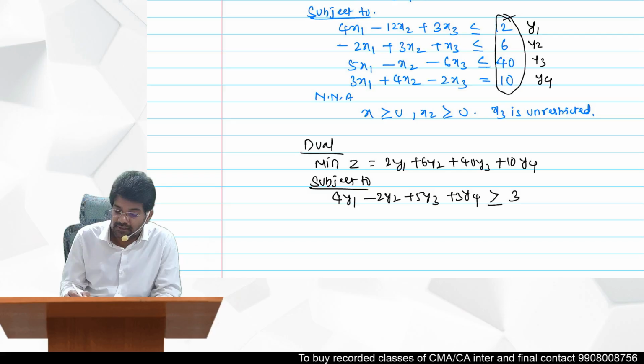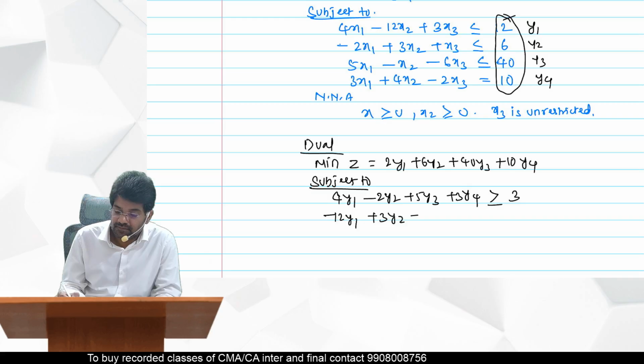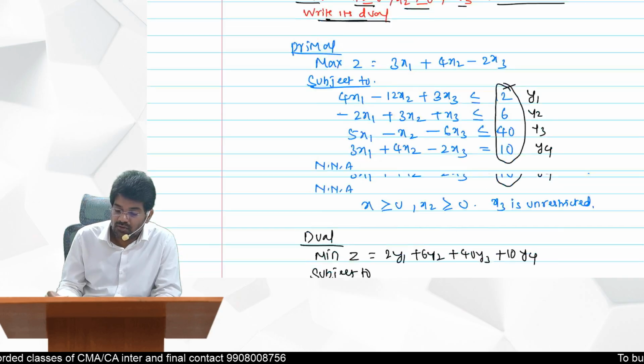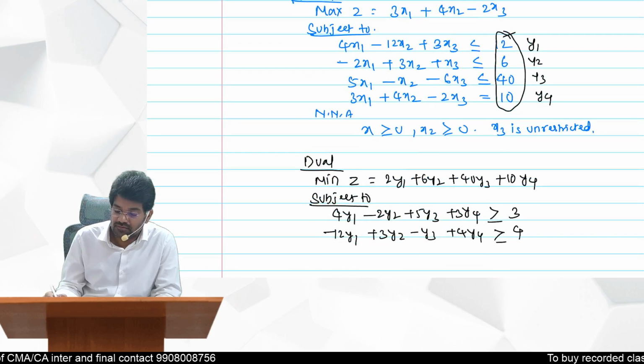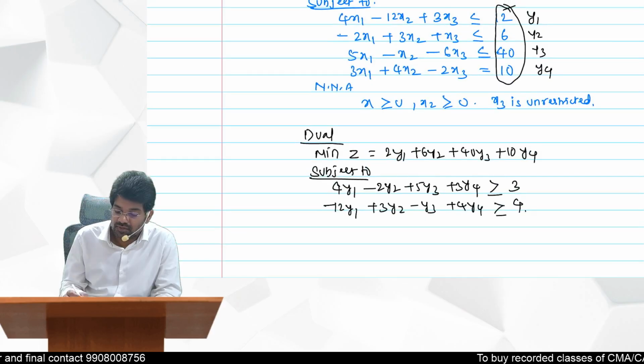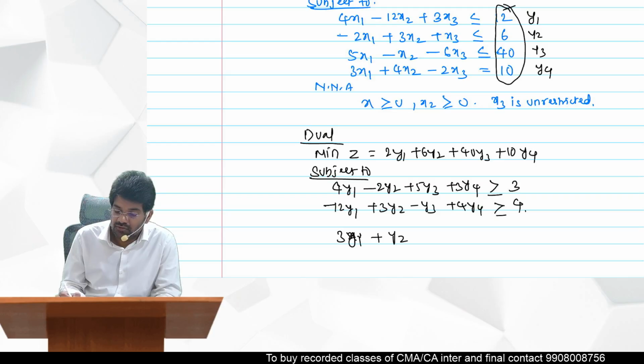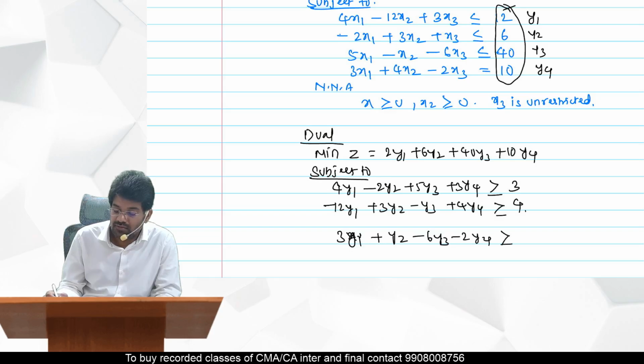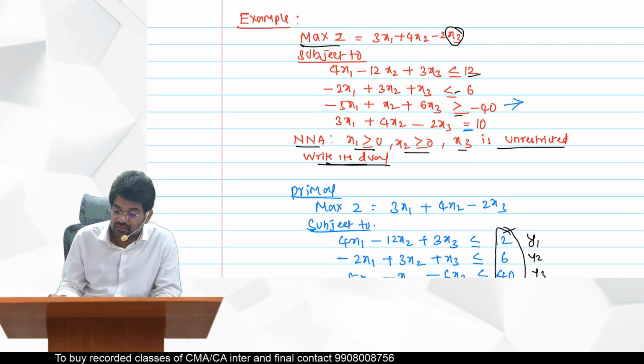Next, minus 12y1 plus 3y2 minus y3 plus 4y4 greater than or equal to 4. For x3 now, 3y1 plus y2 minus 6y3 minus 2y4 greater than or equal to minus 2.